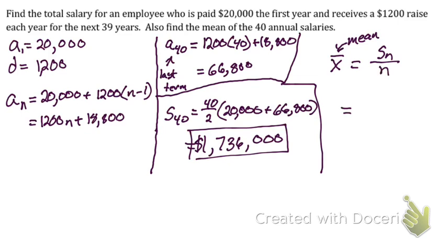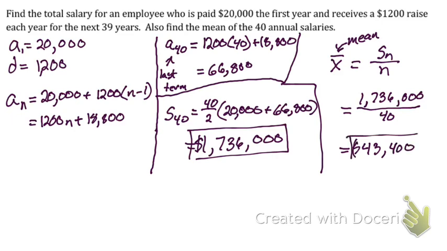In this case, we're going to have that $1,736,000 divided by the number of salaries they had, which was 40 years, which is just going to equal, they made on average $43,400 per year. So that's our total, and then we come up with our average.